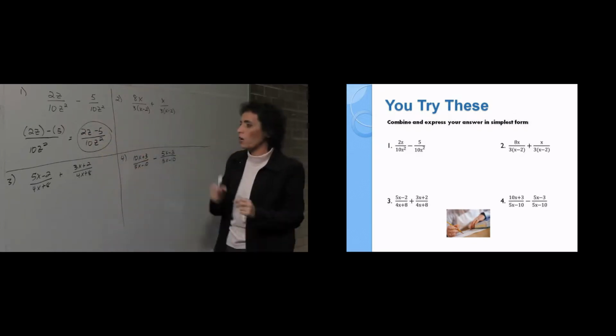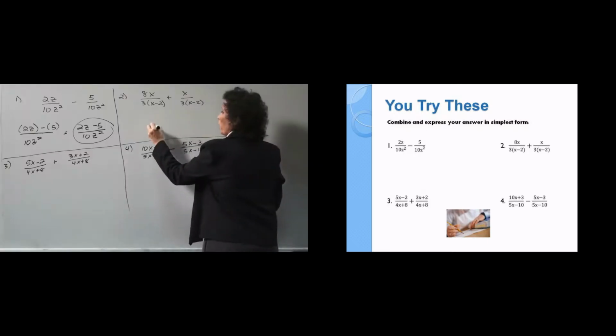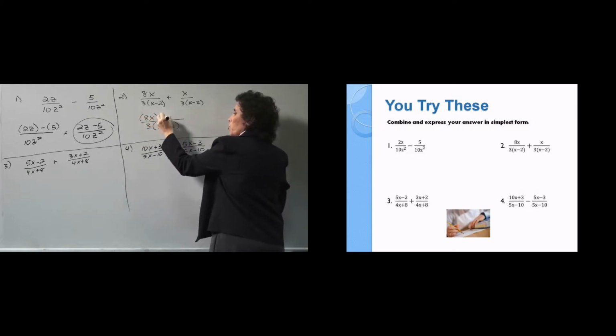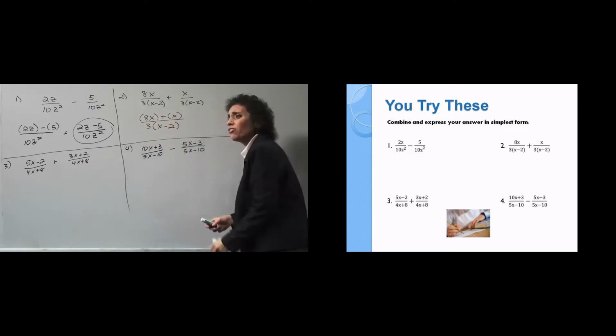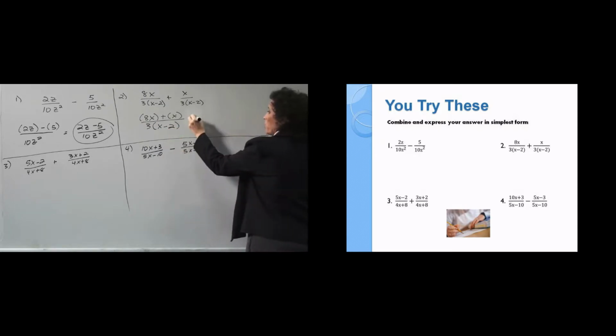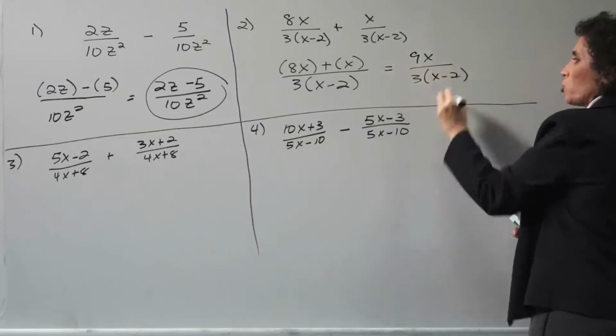So if you got that, awesome. Let's take a look at this one. We have the same denominator, 3 times the quantity x minus 2. And I'm going to put parentheses just so you understand when you need them, when you don't. You obviously don't need them here. You never need them with a plus, but that's okay. 8x plus x is 9x over 3 times the quantity x minus 2.